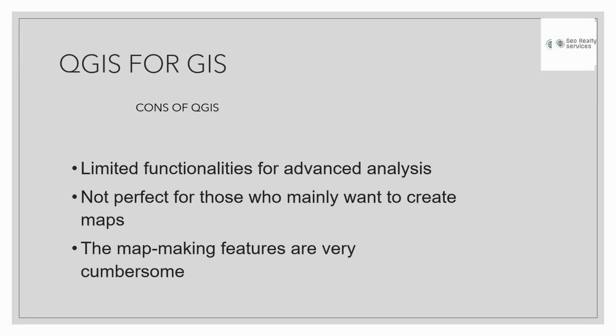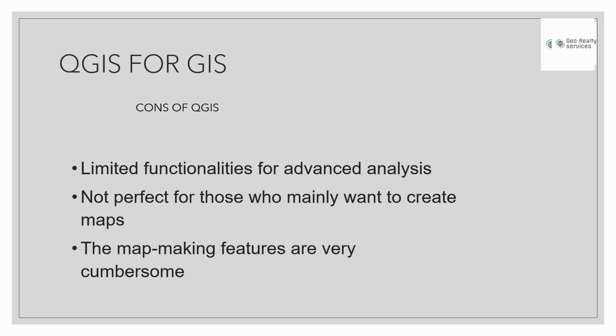Quantum GIS also has many cons and disadvantages, which can be disheartening, especially when someone is considering an alternative. Here are some of the cons: limited functionality for advanced analysis, and not perfect for those who mainly want to create maps.